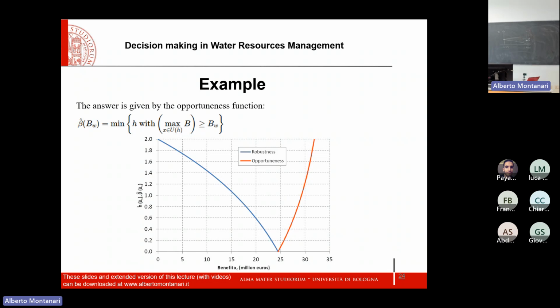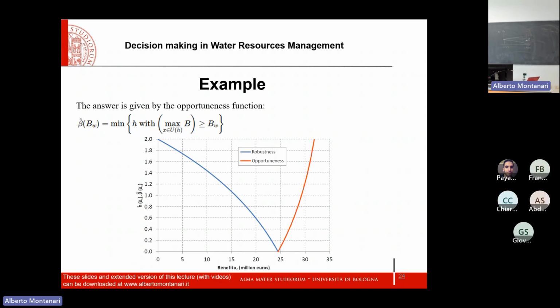Of course, I would be happier if this red curve was less steep than that. If it was a red curve moving almost horizontally, I would be happier because I am happy with the minimum level of uncertainty. Mathematically speaking, here you see I am looking for the minimum uncertainty.